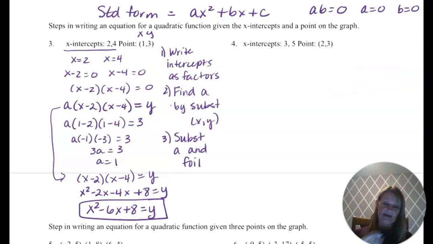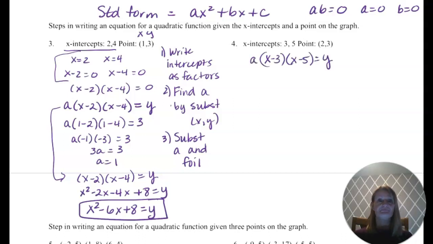So the first thing again is to write our intercepts as factors. If you don't need to do this piece here, I'm okay with that. You should be able to just go to x minus 3 and x minus 5. Remember, it's the opposite. We're going to put our A out in front and our y here. Our next thing is we're going to put in our x and our y values.